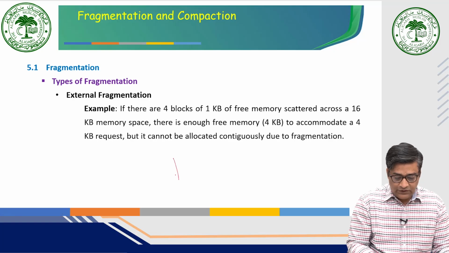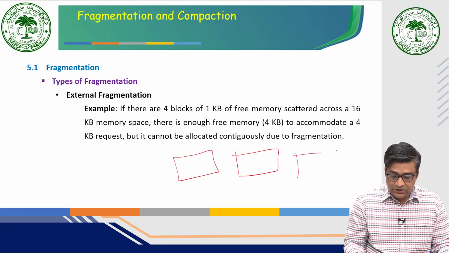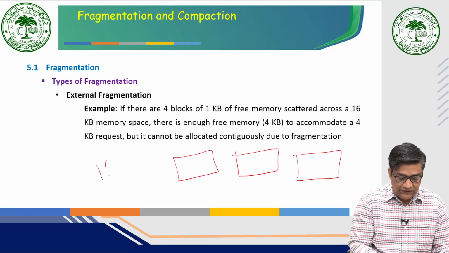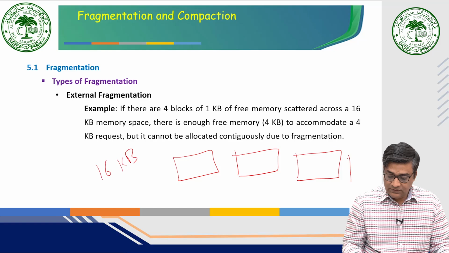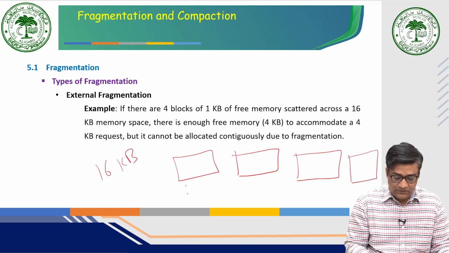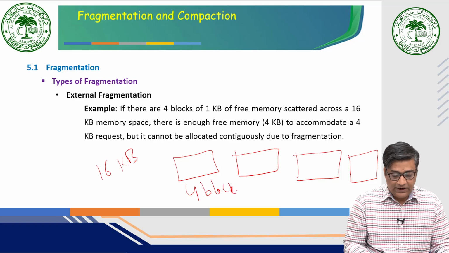So let's take another example here to understand the concept of external fragmentation. You have certain blocks, and this 16 KB memory space is scattered with 4 KB blocks, right?